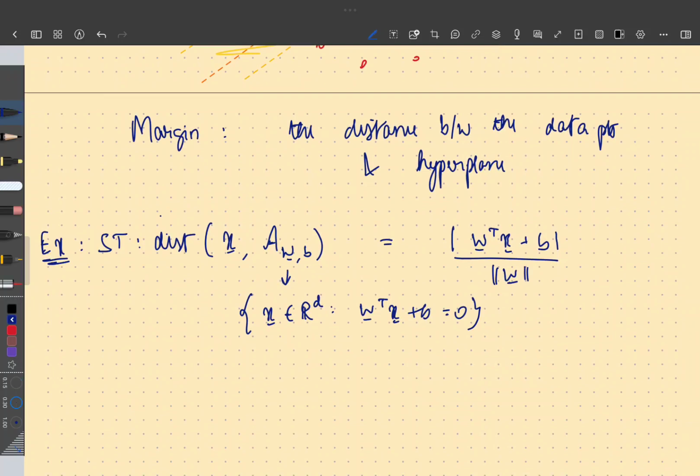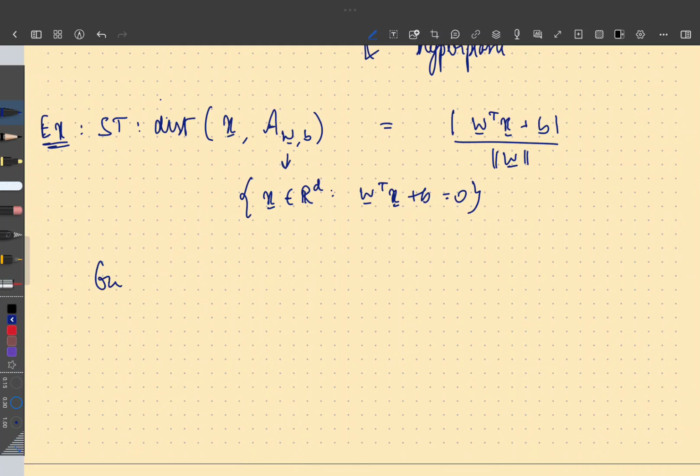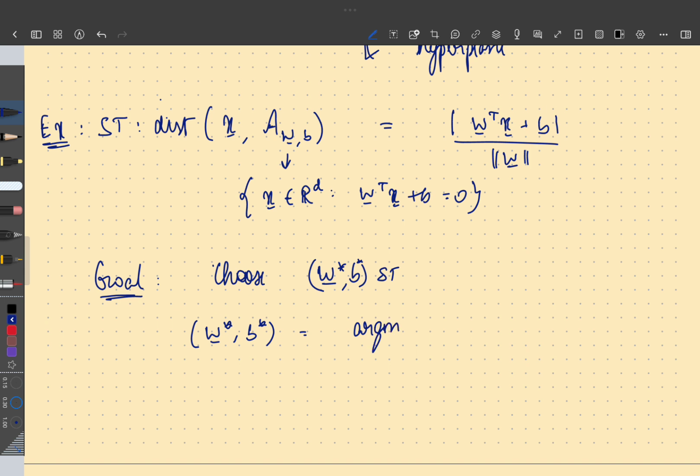So the goal is to choose a w star comma b star that maximizes this quantity. So we'll fix w to have unit norm.